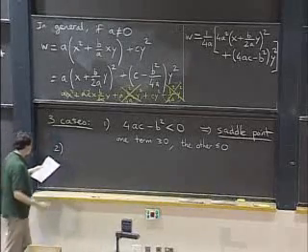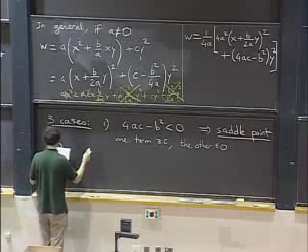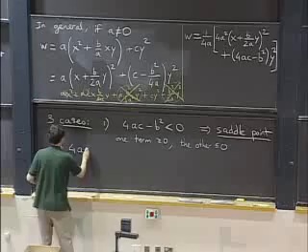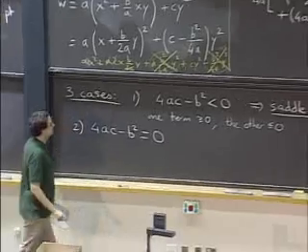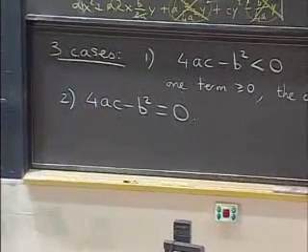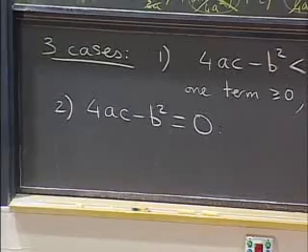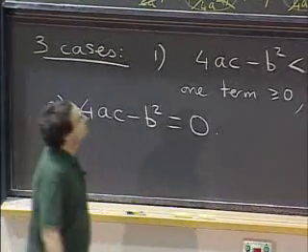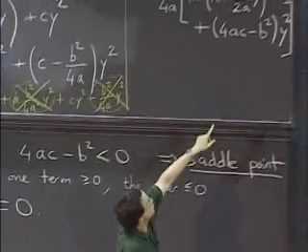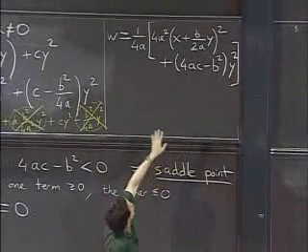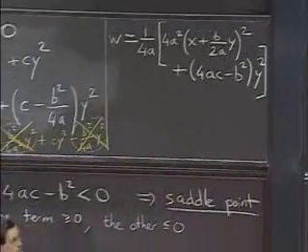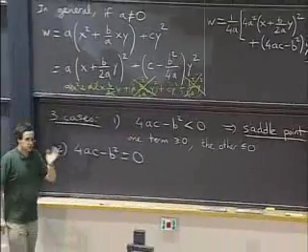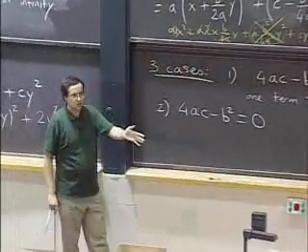The second case is where 4ac minus b squared equals 0. Well, if that's 0, then this term over there goes away. So what we have is just 1 square. Okay? So what that means is that our function depends only on one direction.